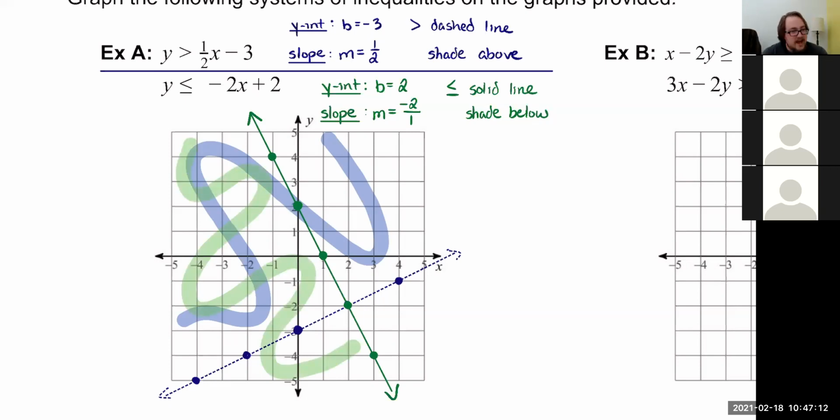Now, right now it looks like a mess because I've got all these different colors here. But what I usually do is I go back and make it very clear which region is clearly the darkest. And the darkest should be the region where you shaded both times. So in this case, ours for this graph should be the region that is both above the dotted line or dashed line, but also below the solid line.